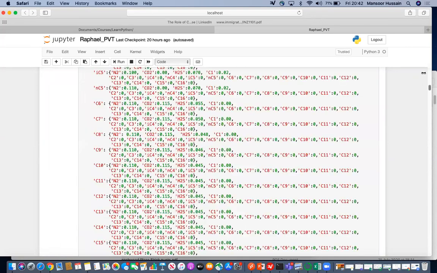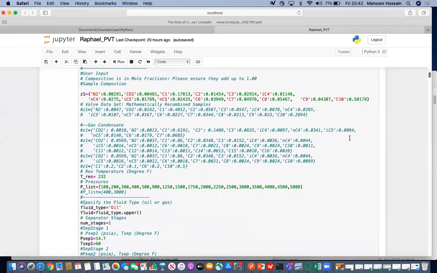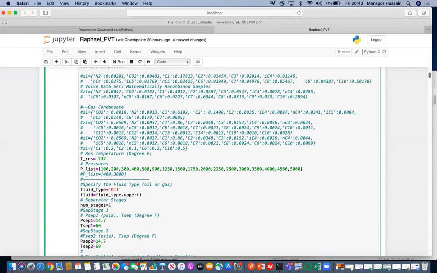Now let's try it for a gas condensate. Let me just comment this out, and let's activate this gas composition. We will use the same reservoir temperature. I hope it works.